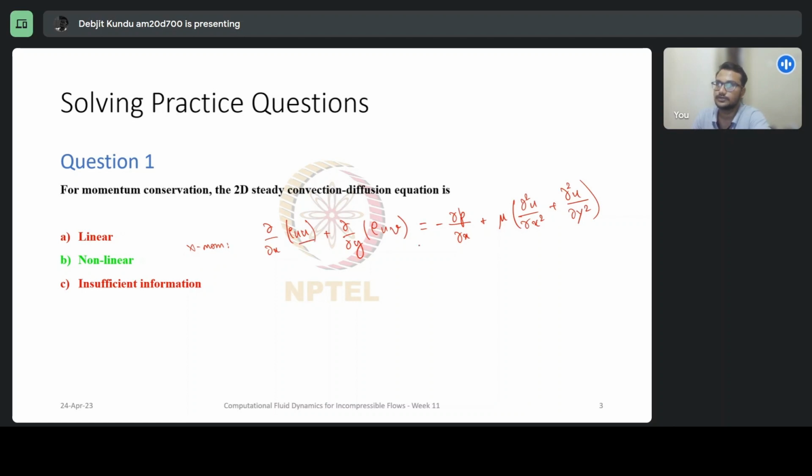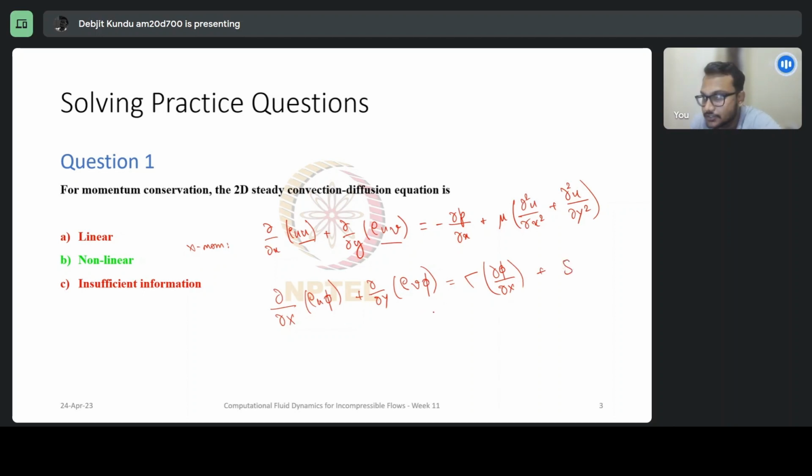Now, these two terms over here, the convection terms, are non-linear because, let's say, in the same case, if we had a conservation of phi instead of u, something like this, and so on, some diffusion term containing dou phi dou x, then another source term.